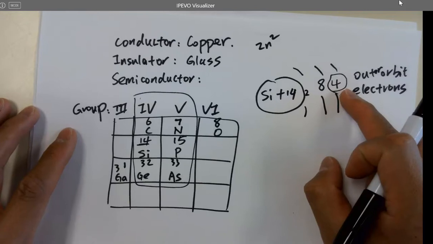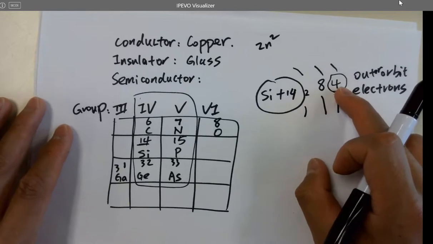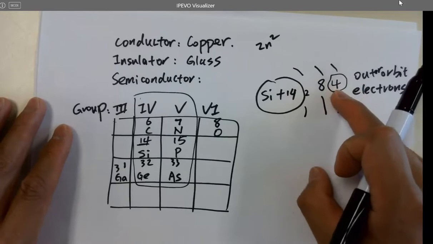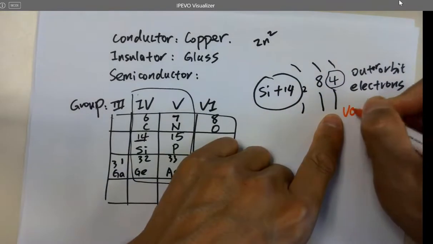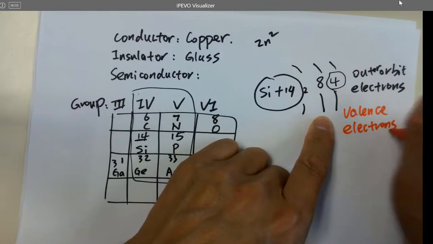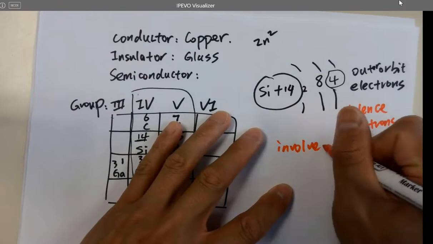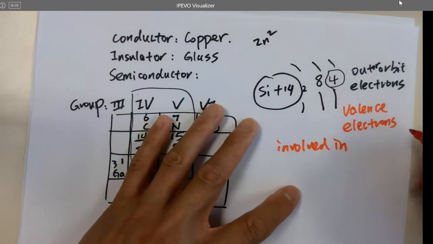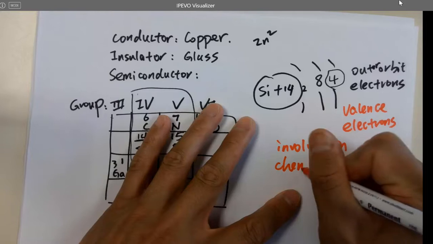But 4 is not 1, not 2, so it's a semiconductor. So what are the names of these electrons involved in chemical bonds? That's a term for it.